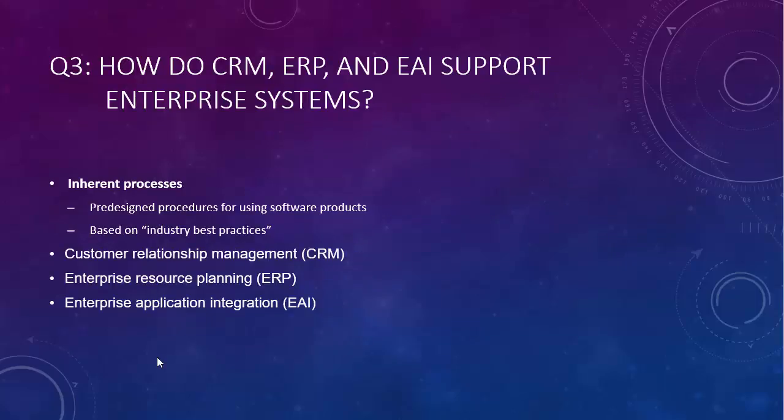The next thing we want to talk about is special types of enterprise systems, and these are CRM, ERP, and EAI. And you see them listed below here. So CRM is customer relationship management, and ERP is enterprise resource planning, and EAI is enterprise application integration.